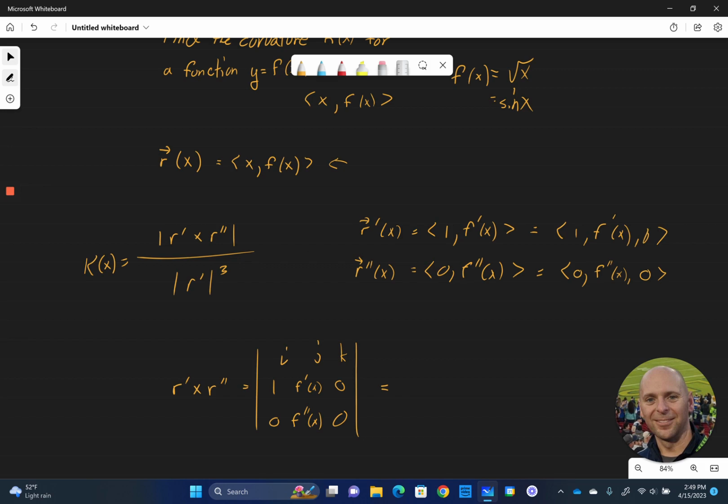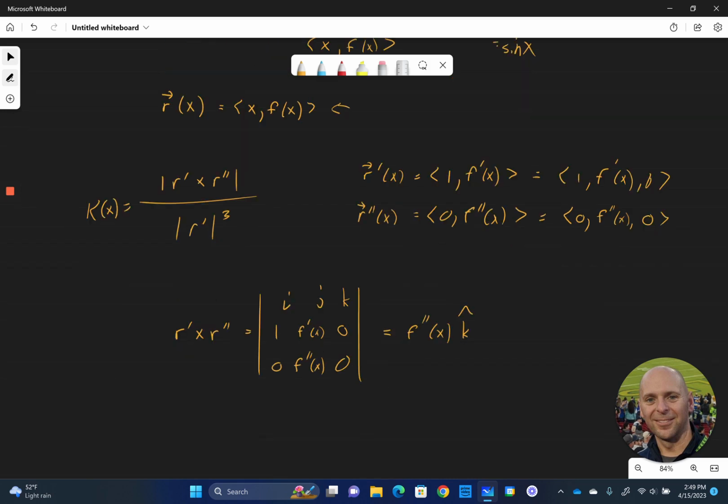And when you do that, this works out as simply f double prime of x for the k component. The i and j's end up being 0. So now you would take the magnitude of that. Of course, it's just a single component anyway, so its magnitude is equal to the absolute value of that function. So our magnitude then of r prime cross r double prime is just equal to the absolute value of f double prime of x.